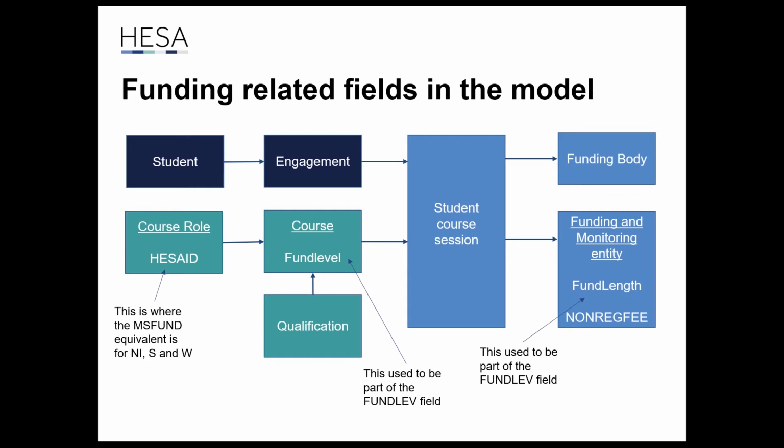The FUNDLEV field that we have currently in the records is being split in half. So some of that is sitting on course at the moment and some of that is sitting on the funding and monitoring entity. And then we've got the non-regulated fee field, which is the equivalent of the code 9 in the SPECFEE field at the moment. It's scattered a little bit across the model.